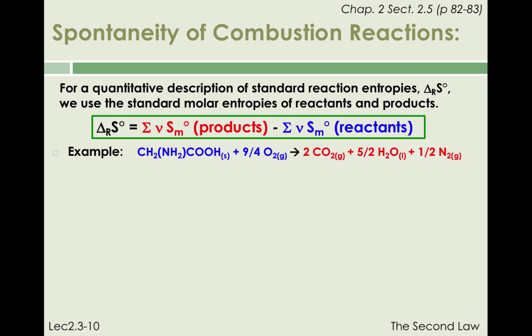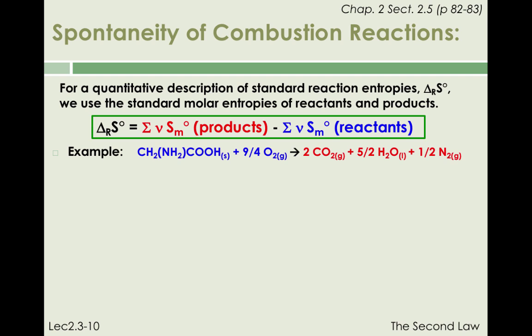Once we balance the number of carbon, hydrogen, and nitrogen atoms on both sides of the equation, we make sure the number of oxygen atoms is also balanced. For glycine, this leads to the following reaction equation with the associated stoichiometric coefficients of 9/4 for oxygen, 2 for CO2, 5/2 for H2O, and 1/2 for nitrogen, assuming the reaction is written for 1 mole of glycine.